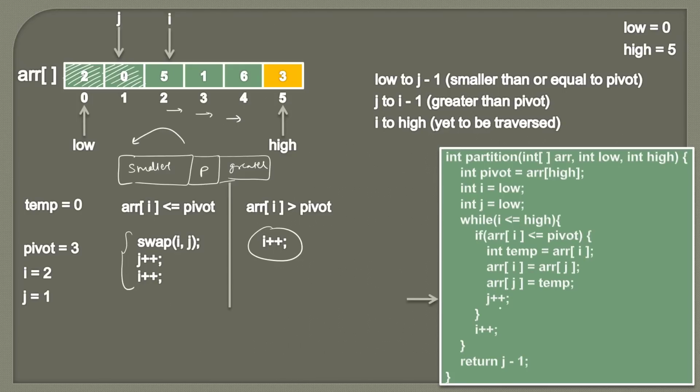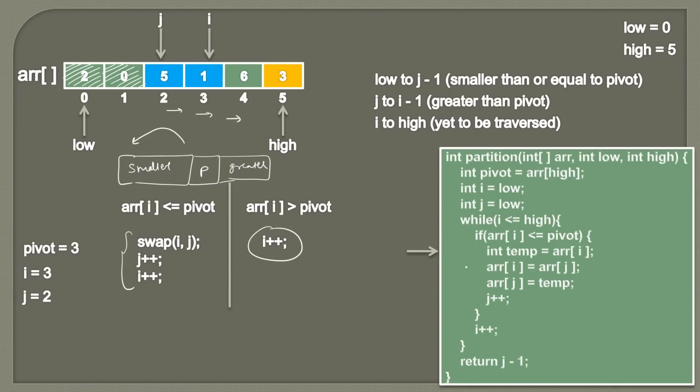So we will increment j. j becomes 2. We will increment i. i becomes 3. This condition is still true: i is less than or equal to high, and 1 is less than 3. So we perform these steps again.